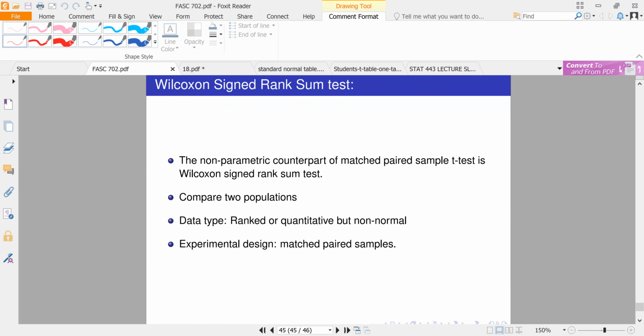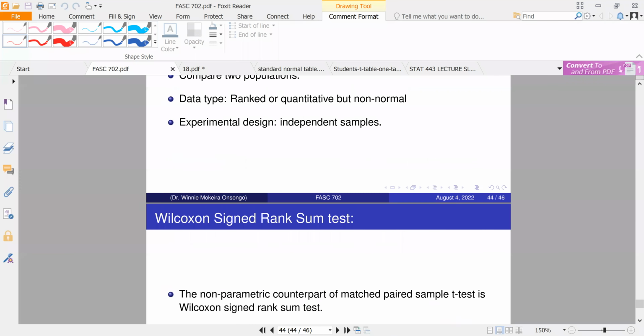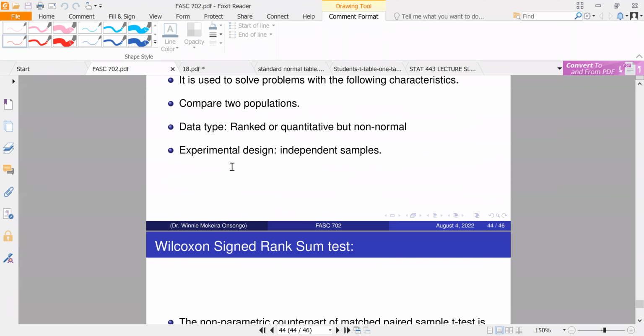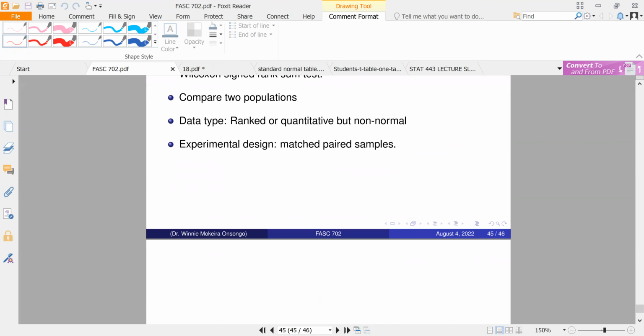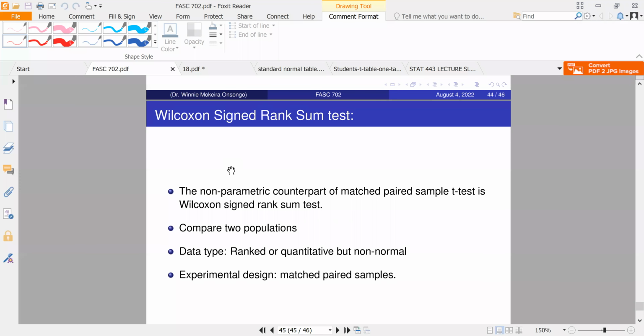Now, still, this is just an elaboration for the Wilcoxon rank sum test. Now, please, it's easy to implement these tests and apply them compared to the quantitative or parametric tests.